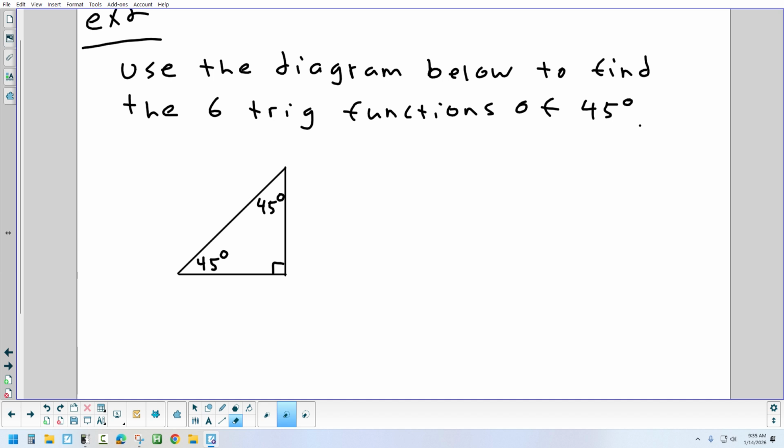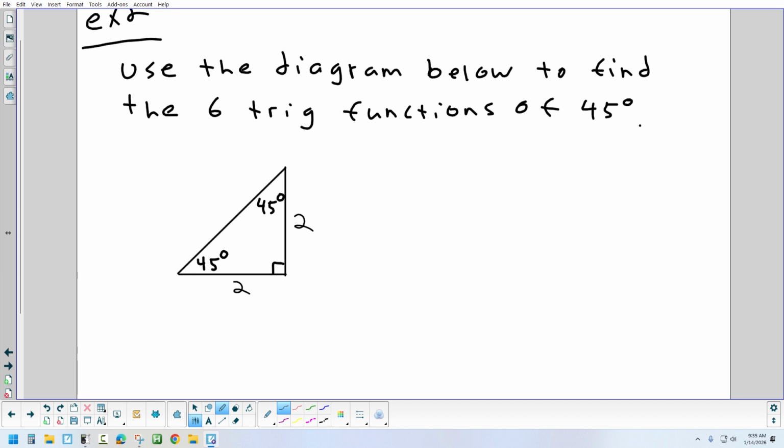So, any suggestions what I make the 2 legs for size? Okay, we could do 2 and 2. 1 and 1 would have been even a little easier because then the numbers would have been smaller. So we're going to end up having to reduce now, but that's fine. 2 and 2.